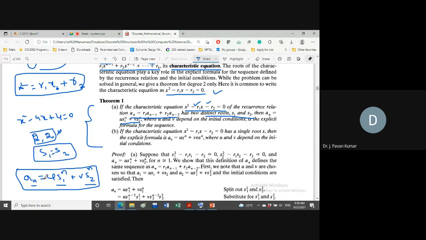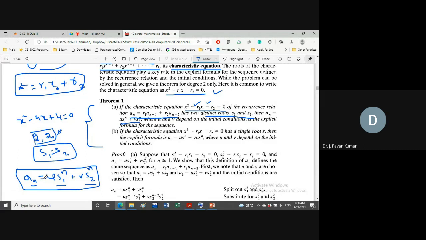Similarly, consider the Fibonacci series, where we have to calculate the nth Fibonacci number. That is our objective. What is the first number in the Fibonacci series? The first number we can consider as 1. The second number is also 1.